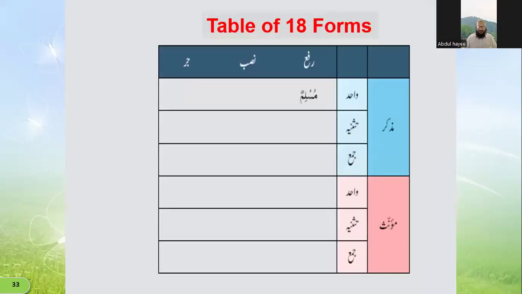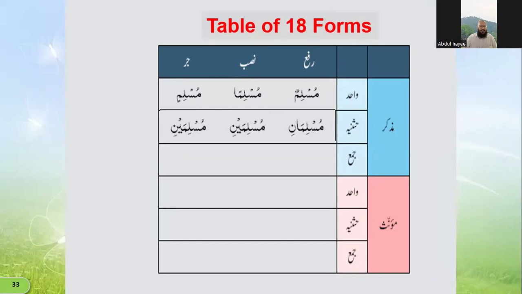So the table is, look, we have got the word Muslimun. Let's see how we can make the table. Muslimun, Musliman, Muslimin. This is the singular. With the tasniya, we say Muslimani, Muslimayni, Muslimayn. What about jama? We say Muslimuna, Muslimina, Muslimin.